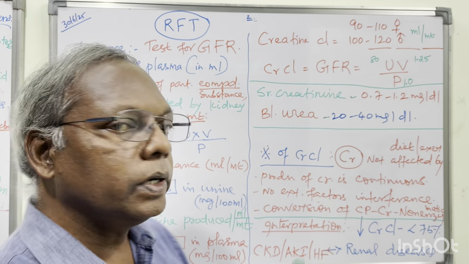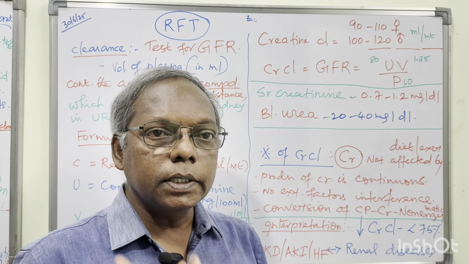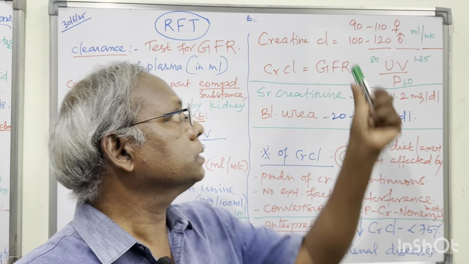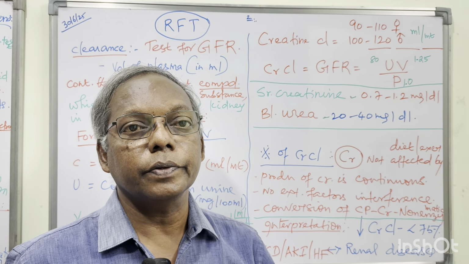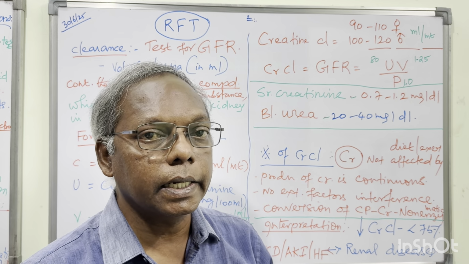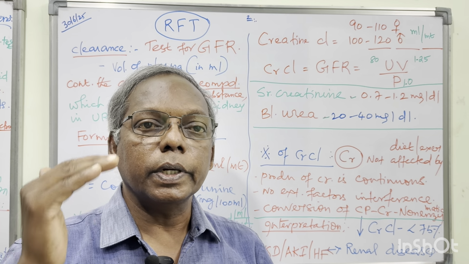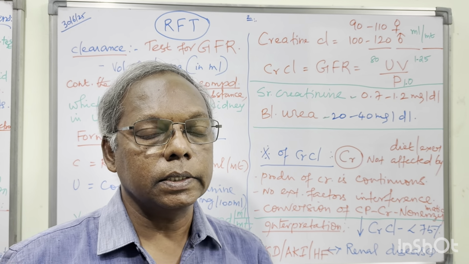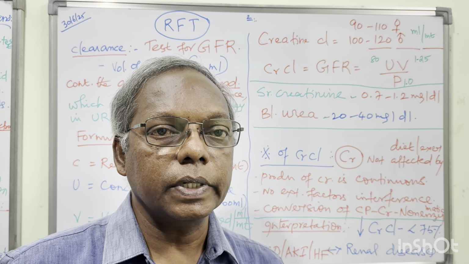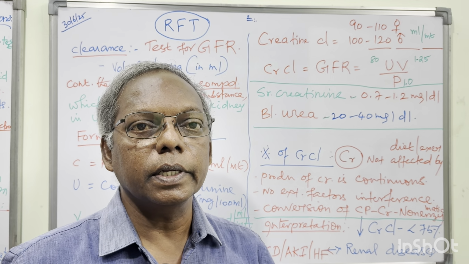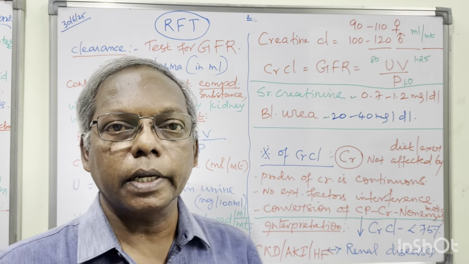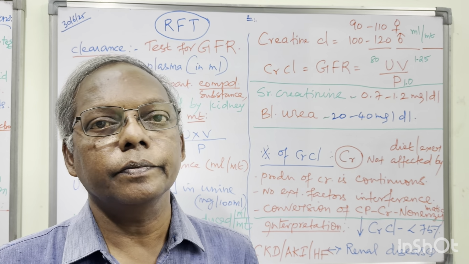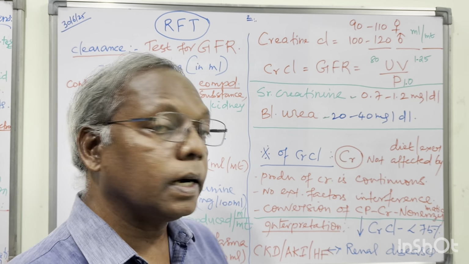Okay. How will you interpret it? With this value, usually the value is, as I already told, 100 to 120 for males and 90 to 110 for females. If the value is decreased, that indicates your kidney function has been lost. Less than 75% of kidney function is only reflecting some other renal diseases like chronic kidney disease, acute kidney injury, and heart failure.